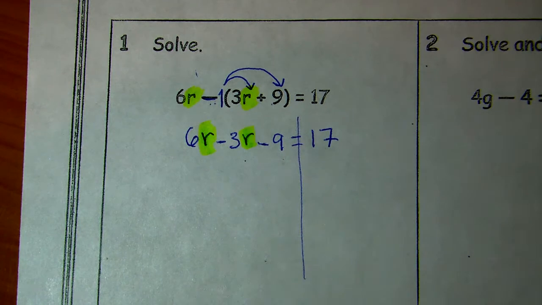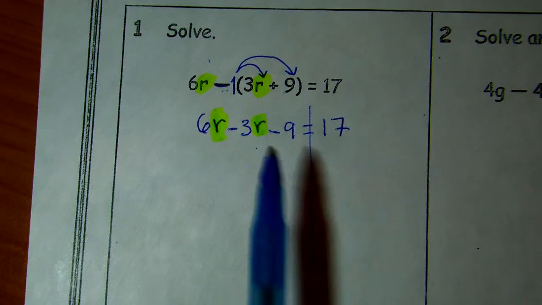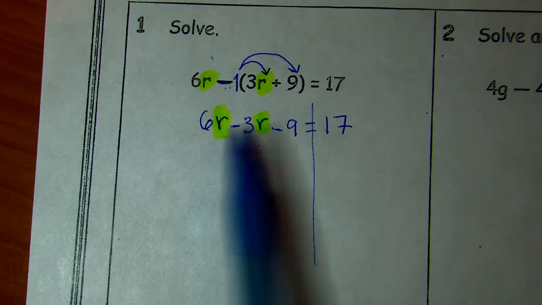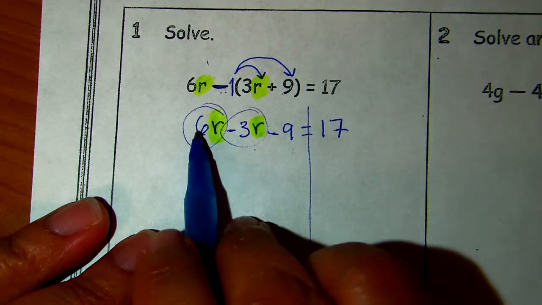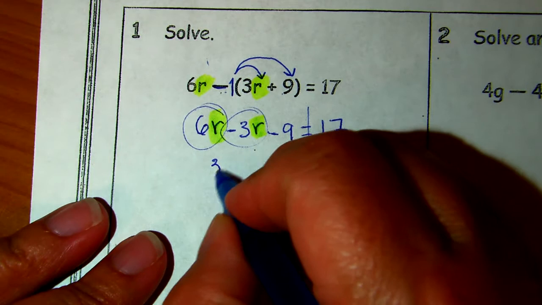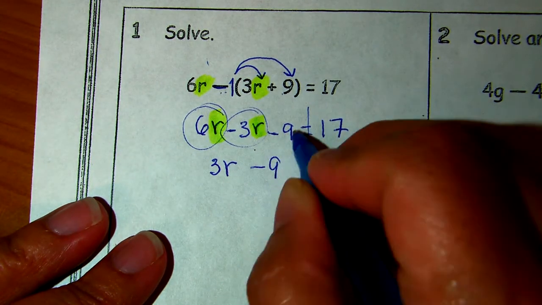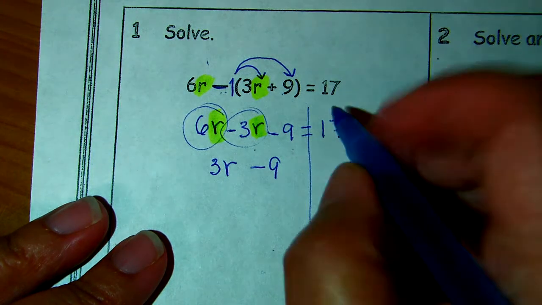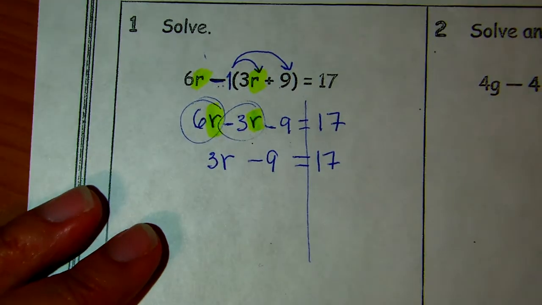Before we start moving letters and numbers, can we combine anything over here? Yes, the R's. We can combine this one with this one. 6 minus 3 gives you 3R. And then bring this one down, -9. There's no other number here, so you cannot combine it with anything else. Bring down the equal and bring down the 17 right here.